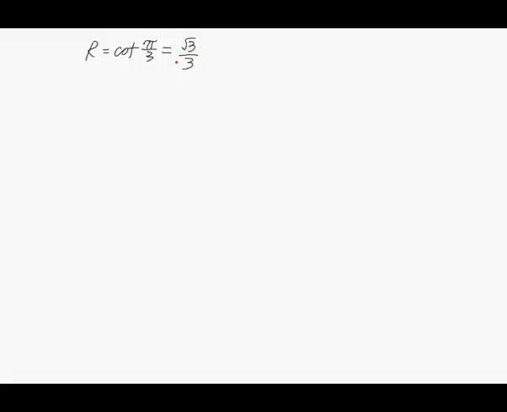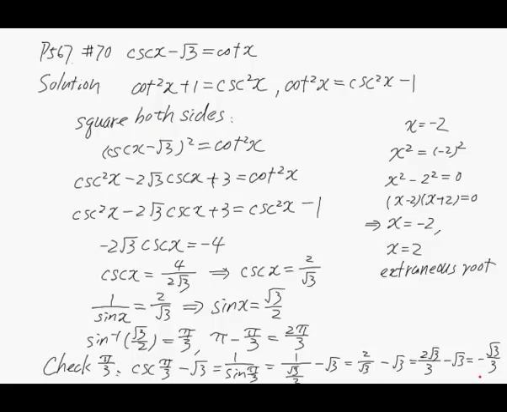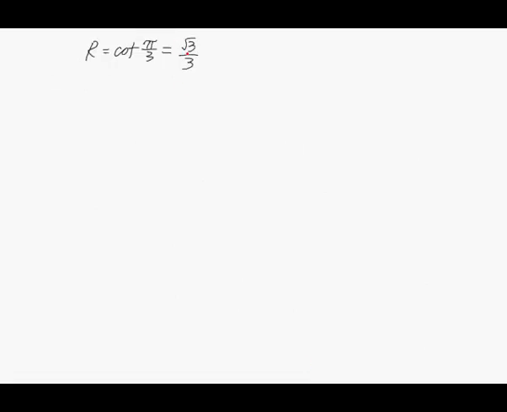You must memorize all those trig function values of the most commonly used angles. So definitely you compare this one with this one. This is negative root of 3 over 3, this is the left side, and the right side is root of 3 over 3. So negative root of 3 over 3 is not equal to root of 3 over 3.